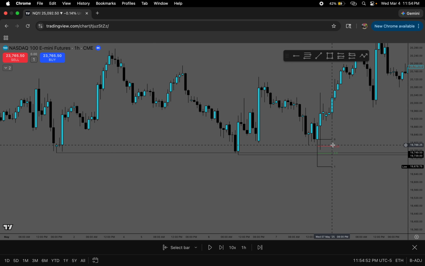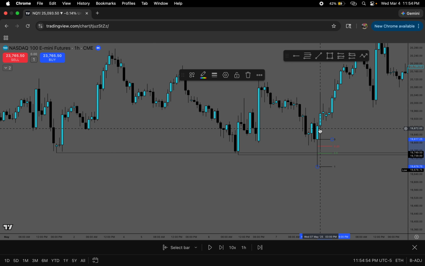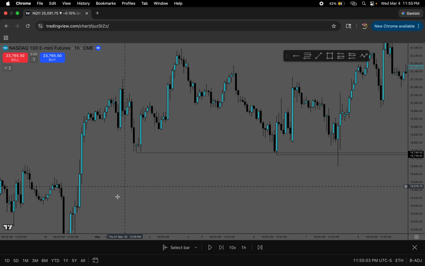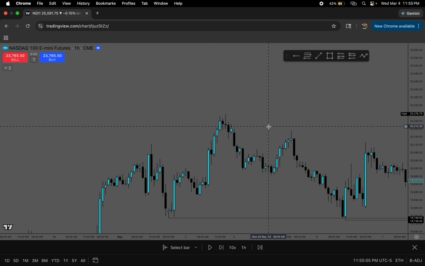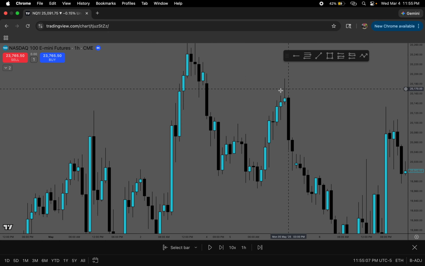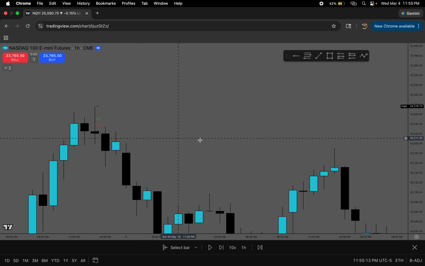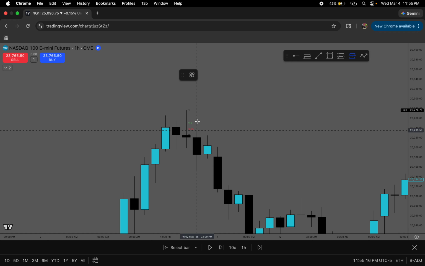The 5 minute would have given you a better opportunity. Plus, this was too late into the day anyways. But if you caught it, you were good because you have this crazy movement up, and that would have been substantial enough. Okay. Boom. Price hits to 25.